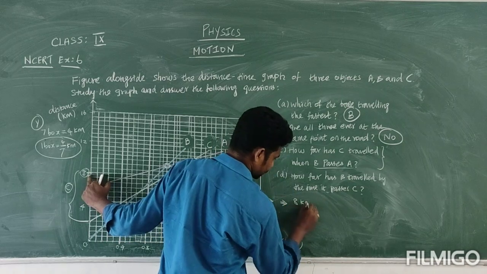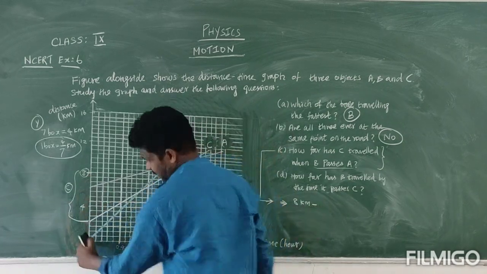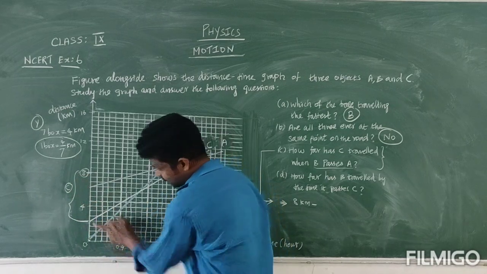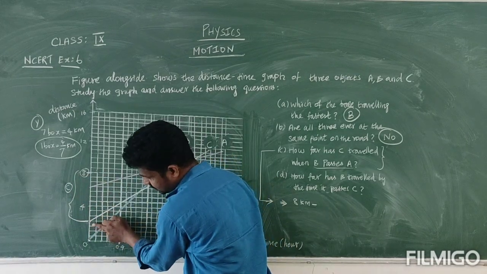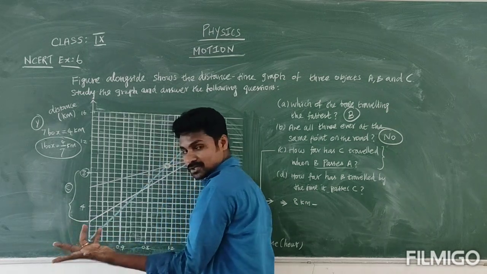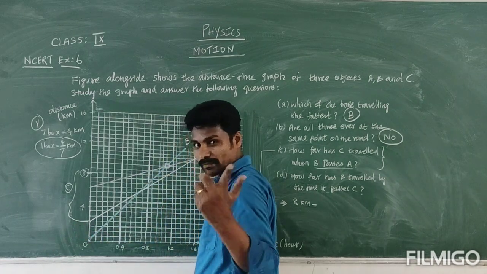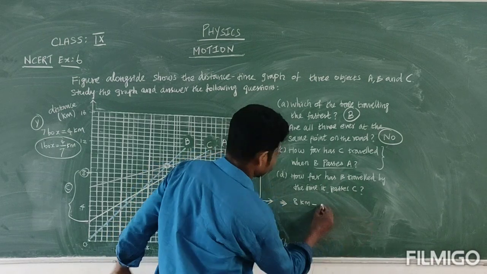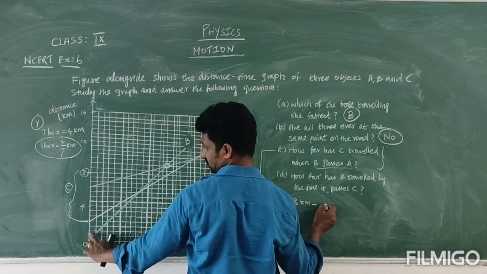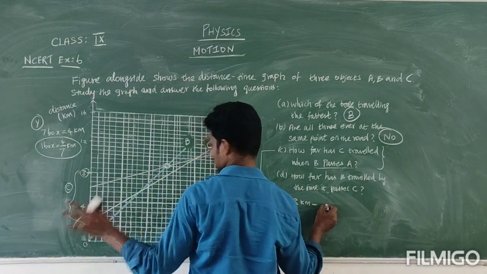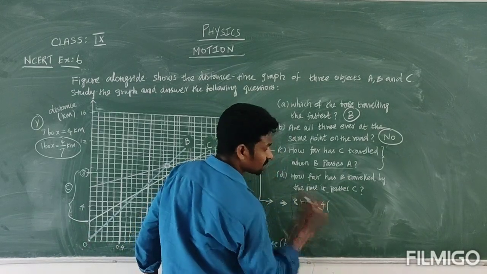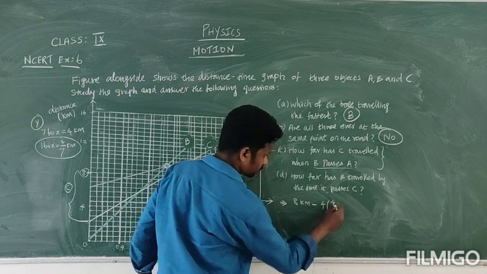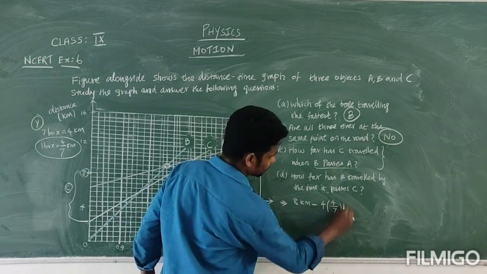From here to here is 8 km, but I need from here only. So this 4 box I don't want. Here how many extra boxes are there? 1, 2, 3, 4. This 4 box I don't want. So we can write 4 boxes into each box value, that is 4 divided by 7 km.